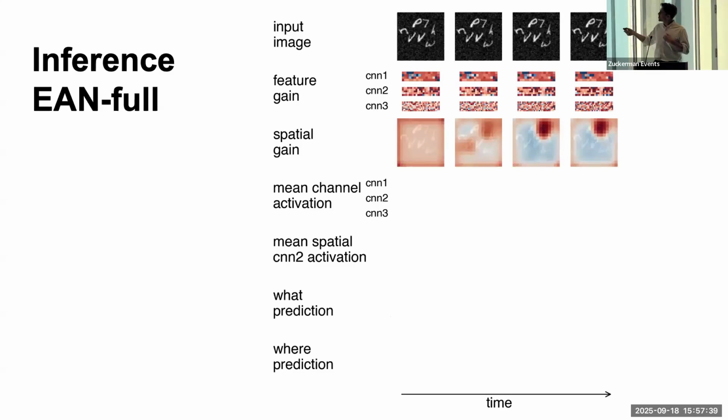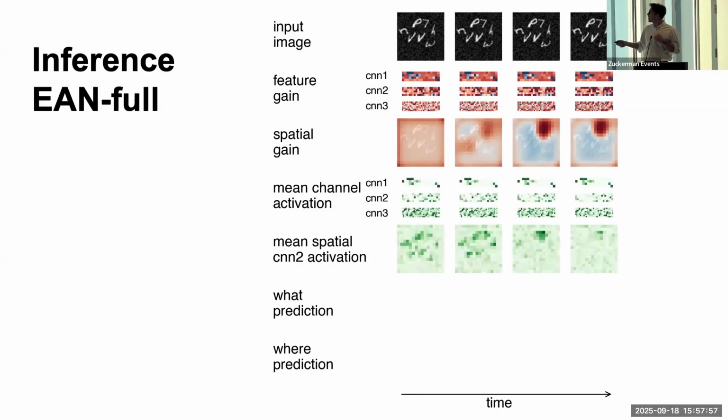And we can visualize first the feature gain and spatial gain. Particularly the spatial gain is quite interpretable: on the first time step, the model is unsure what it's looking at, so the attention is quite uniform, but then at the end, it focuses on the target digit and inhibits the distractors. We can also similarly visualize the mean activation across channels or across space.